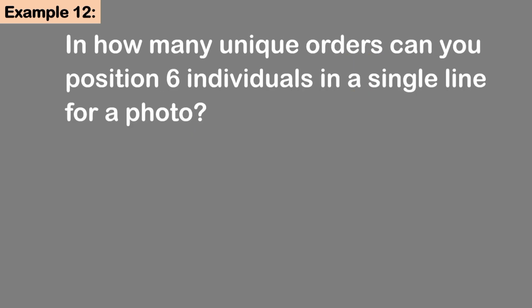Number 12, in how many unique orders can you position 6 individuals in a single line for a photo? There are no restrictions stated. 6 individuals for 6 positions. 1, 2, 3, 4, 5, 6.